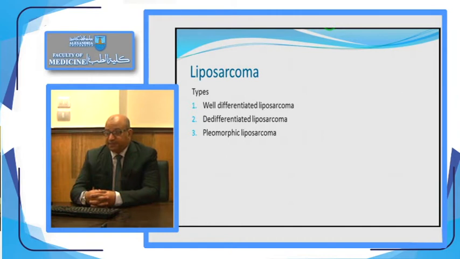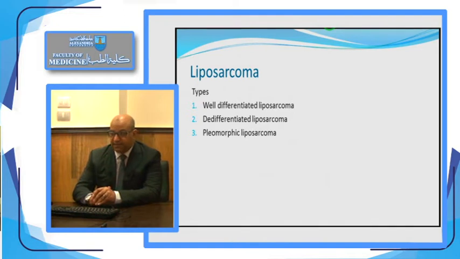The third type is the pleomorphic liposarcoma, which is a very poorly differentiated liposarcoma with a very high rate of recurrence and a high susceptibility to distant metastasis, especially to the lungs and the liver, with difficulty in excision because of invasion of the surrounding structures.